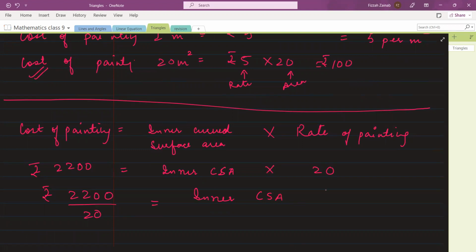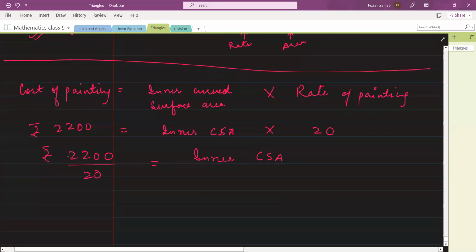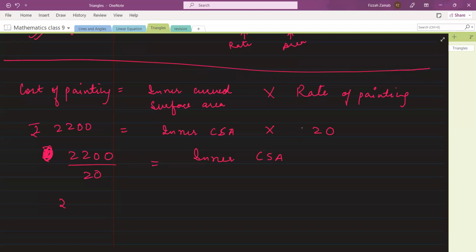So 1 0 cancel out and 2 into 11. Sorry, it will not be rupees because this is also rupees, the rupees cancel out, only meter square will remain. So 0 0 cancel out, so 110 meter square is your inner CSA.